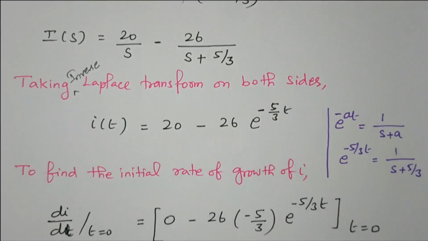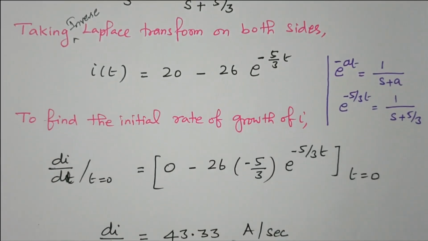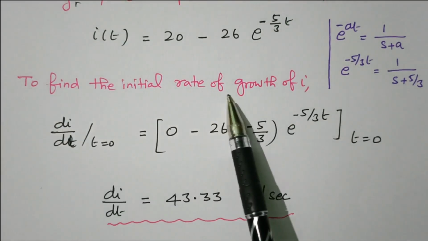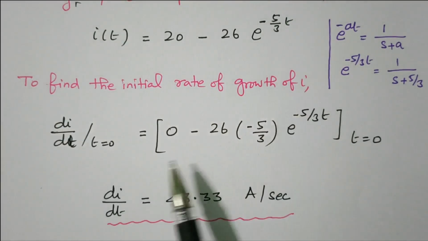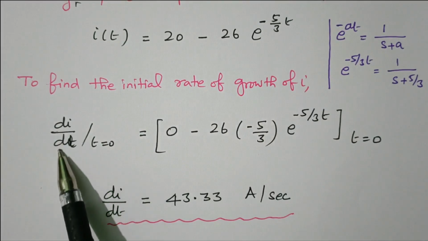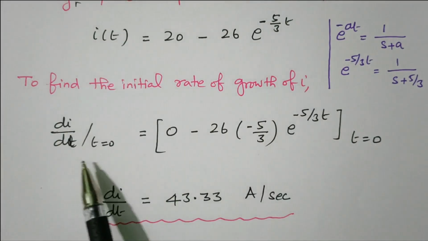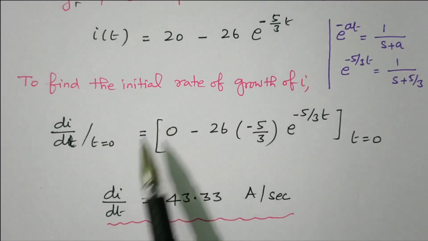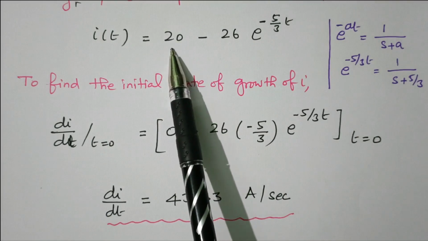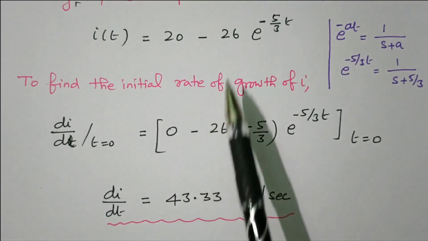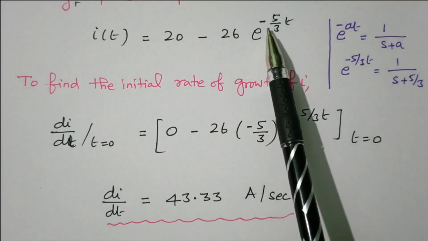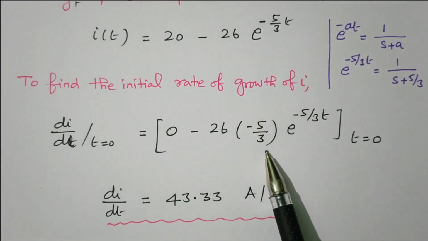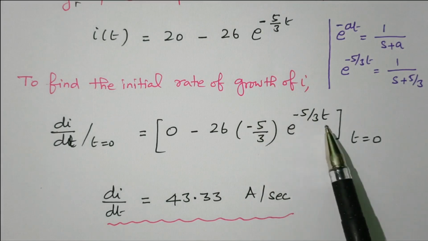Right. Now we'll see the growth of the current. One more question is available: to find the initial rate of growth of I. So what we need to do is differentiate this equation with respect to t, substituting t equal to 0, so that we'll get the initial rate of current. Differentiation of 20 is 0, minus 26 times the differentiation of e power minus 5 by 3 t, which is minus 5 by 3 into e power minus 5 by 3 t.